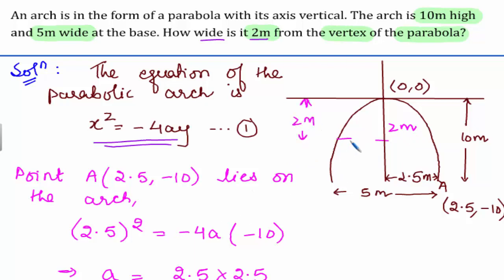Let us denote this width by 2h. Then from here to here it will be h, and from here to here it will be h. Let us denote this point by P. So the coordinates of point P will be, x coordinate will be minus h and y coordinate will be minus 2.